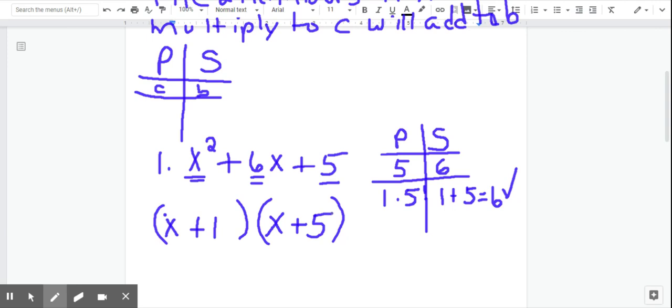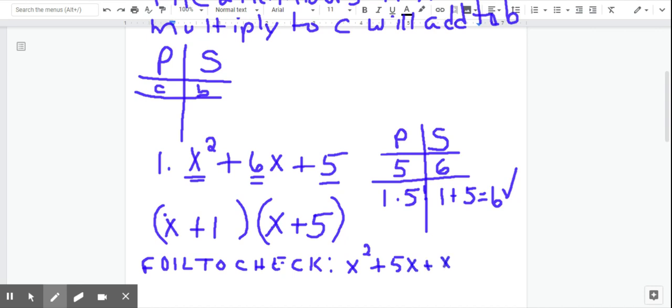You can check your answer by the FOIL method. So x times x is x squared. X times 5 is 5x. 1 times x is x, and 1 times 5 is 5. When we add like terms, we get 6x. So that is right.